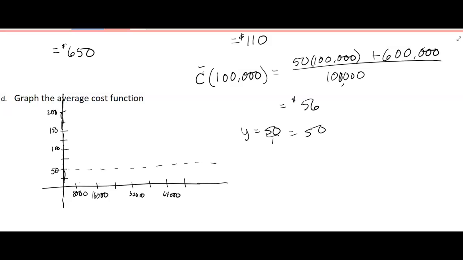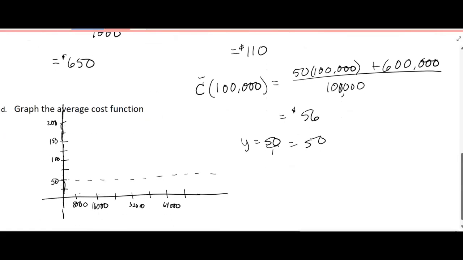And then what do we know? We know that when we made 1,000, it was way up at like 650. And then when we had 10,000, it's going to be like 110. And then at 100,000, a little bit more, a little bit more, it was going to be down at 56.